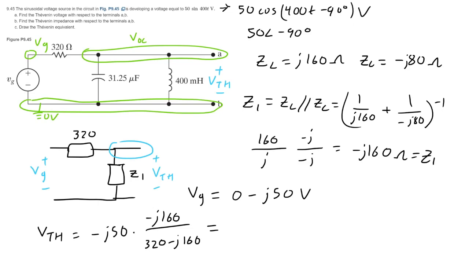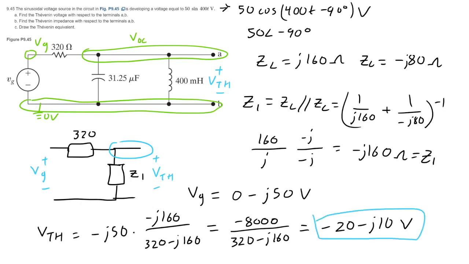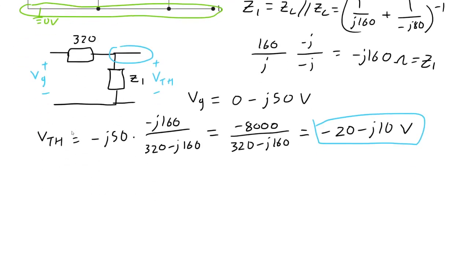Just a straight up voltage divider equation. This would be minus 8,000 J divided by 320 minus J160, which ends up being minus 20 minus 10 volts, or J10 volts. So that is our VTH.